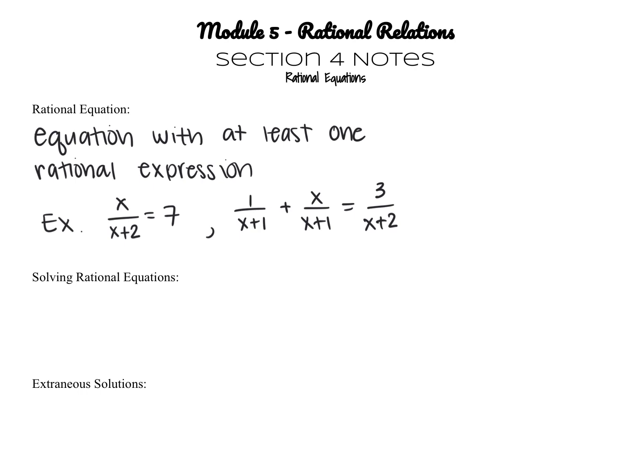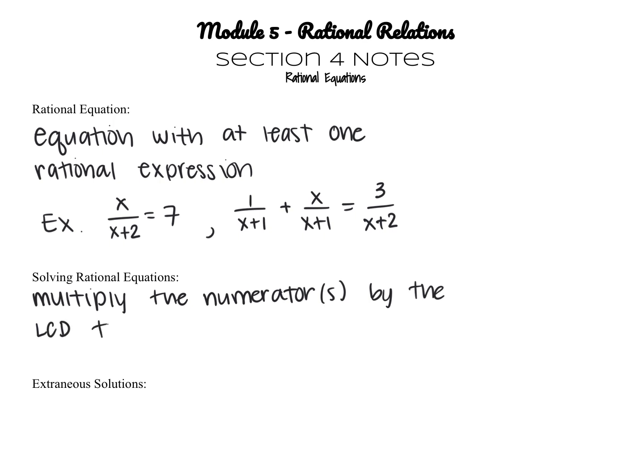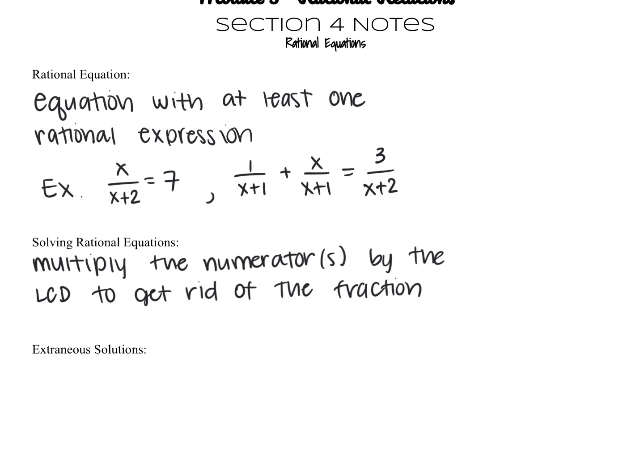So the way we're going to do that is we're going to multiply the numerator or numerators, depending on how many rational expressions you have, by the LCD to get rid of the fractions. So once I get rid of the fractions, then it just becomes solving a linear equation, which we have done plenty of times.